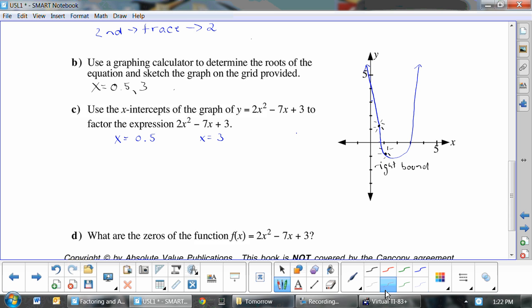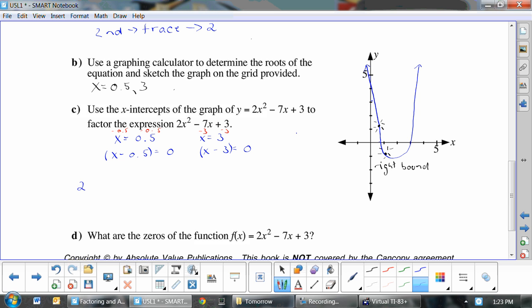And if you subtract this from either side, you can get x minus 0.5 is equal to 0. And then you can do the same thing on this one too. Okay, so all we're doing is we're getting 0 on one side. So then these become our factors for our equation.